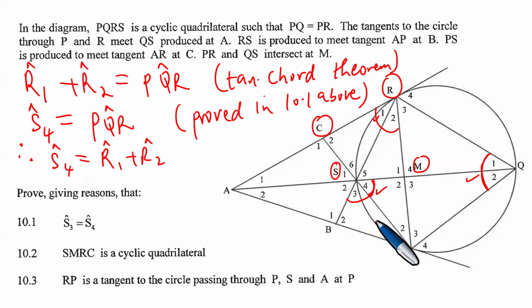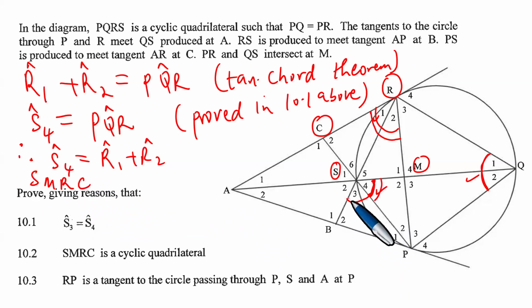Now, let's look at what the implication is. If S4, this here, is equal to R1 added to R2, then what conclusion are we able to draw here? What conclusion can we make? The conclusion that we can make is SMRC.